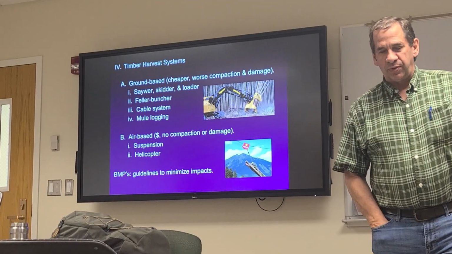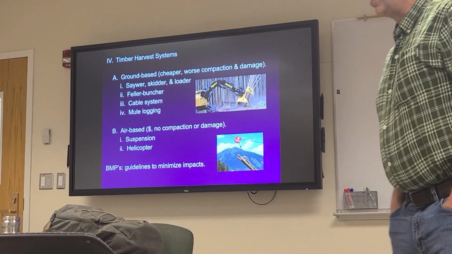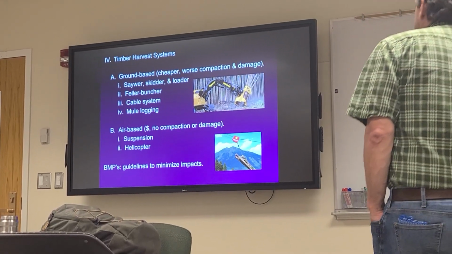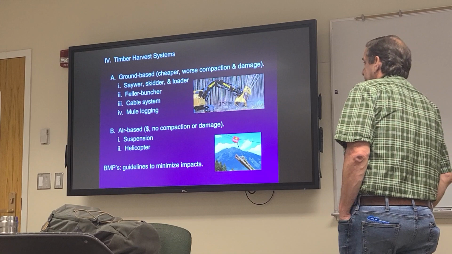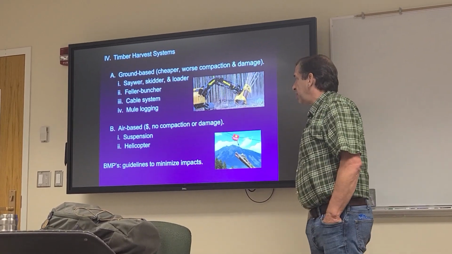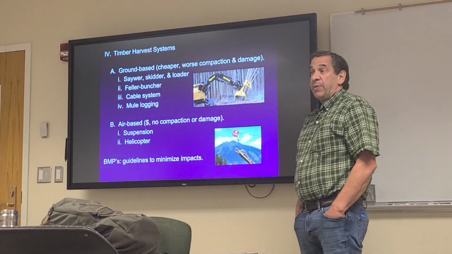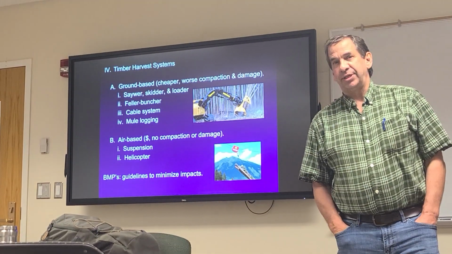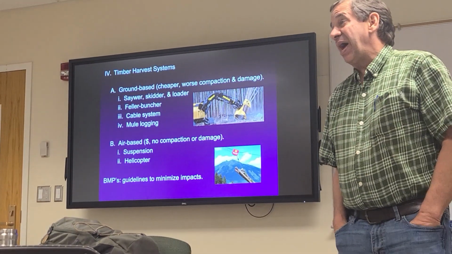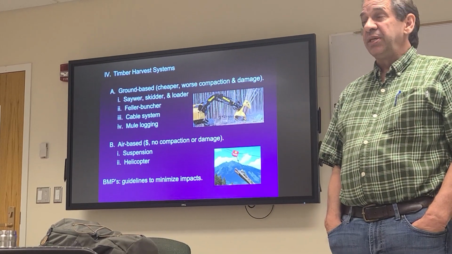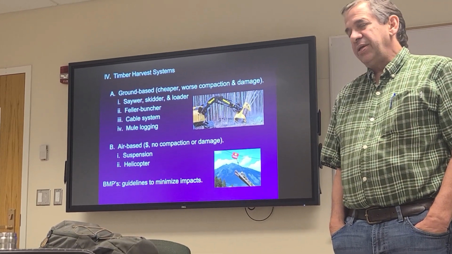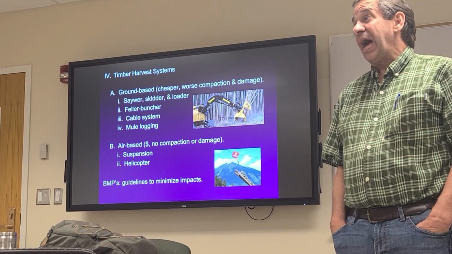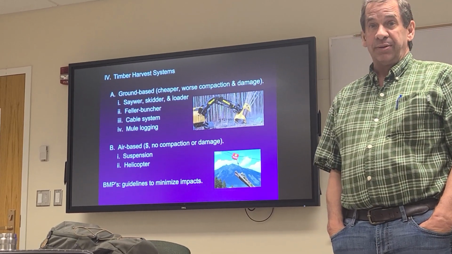And when it comes to harvest, there's a few different ways we can do it, okay? Those systems are either ground-based or air-based. Air-based are usually much more expensive, and we don't usually see that around here. Where we see air-based is typically where you have very remote regions, very high value, high quality timber.